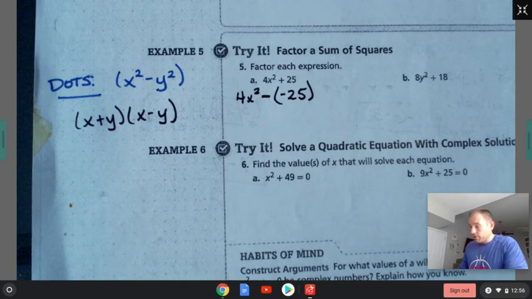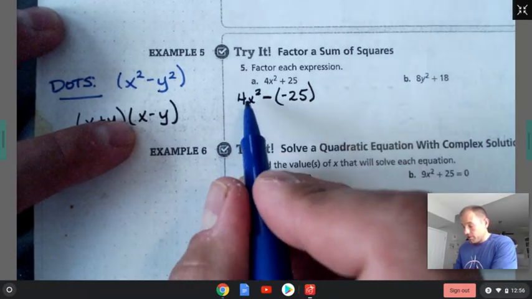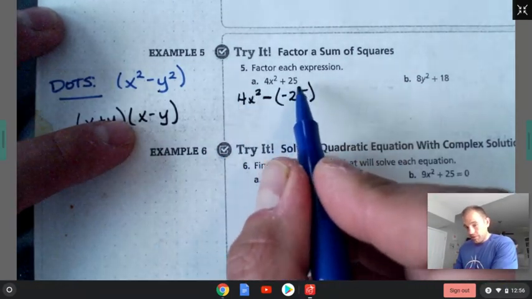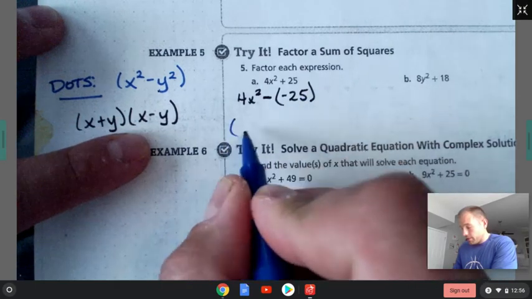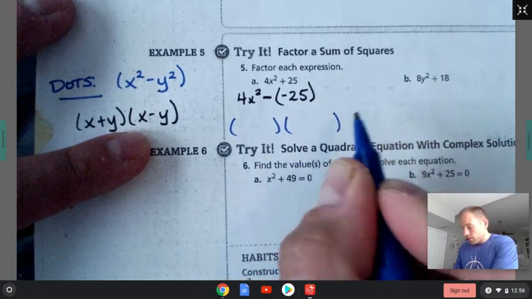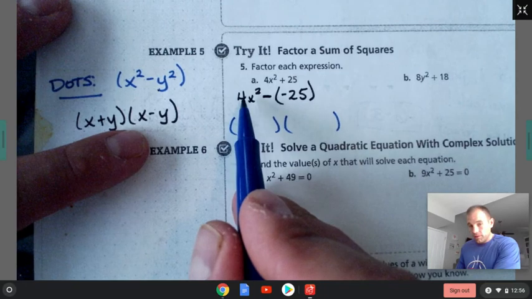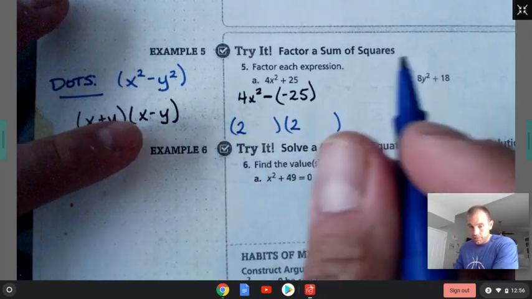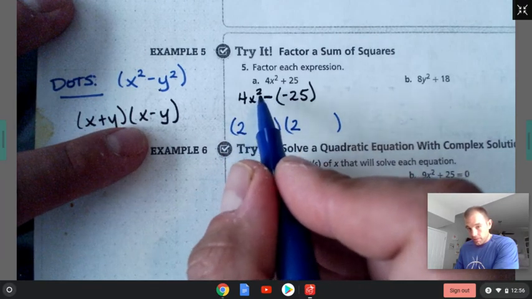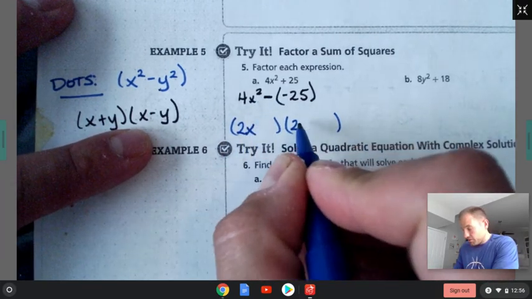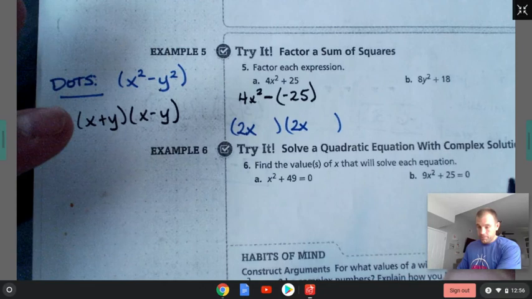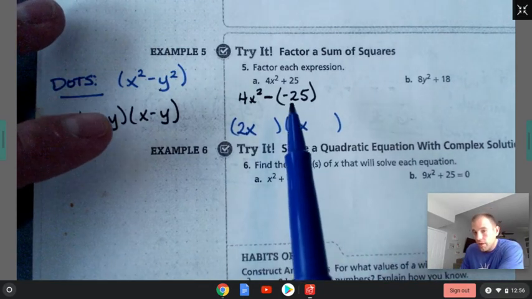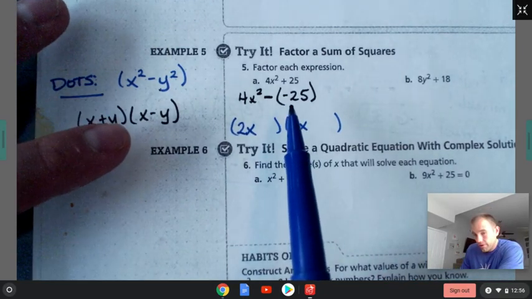So if I were to split this one up, now that they're the same, this is a perfect square, so now I can split it up. The square root of 4x squared. The square root of 4 is 2, so there's going to be a 2 first in each of them. The square root of x squared is just x, 2x and 2x. And then the square root of negative 25.